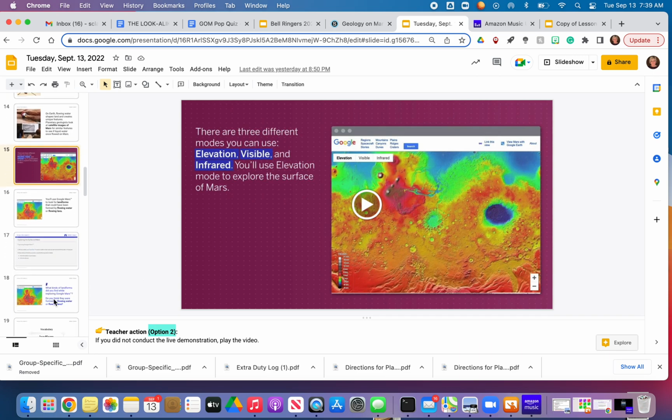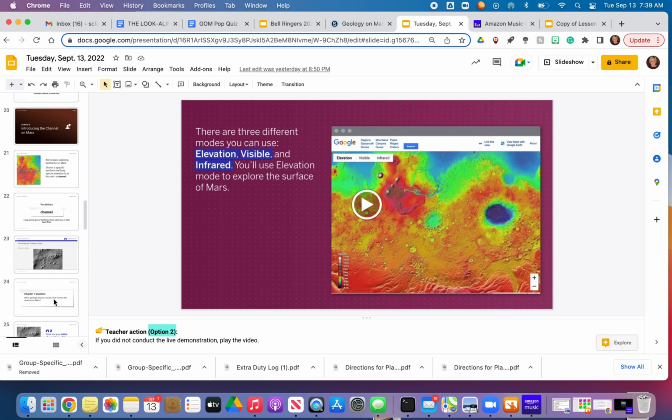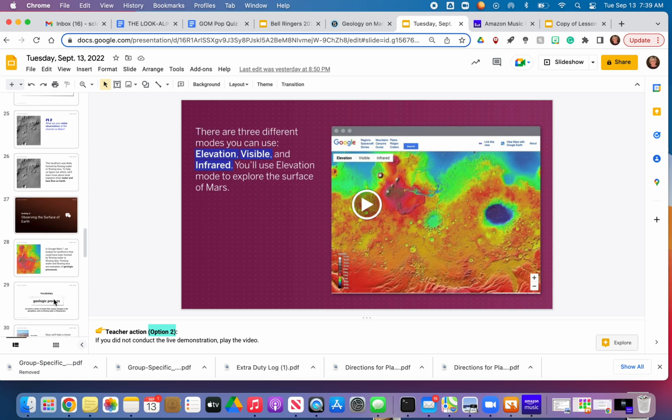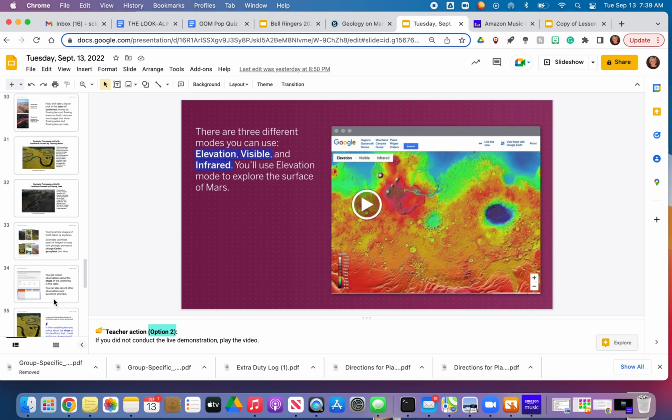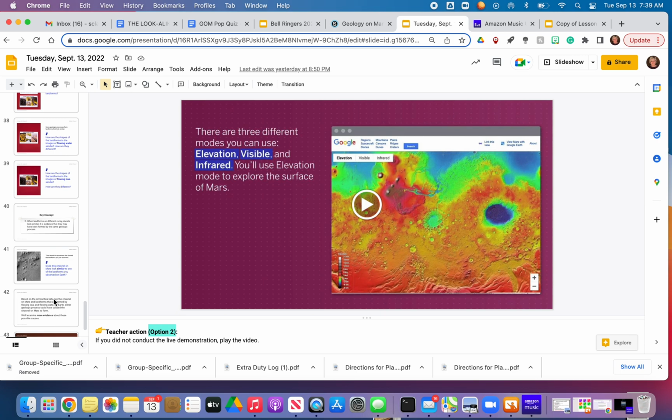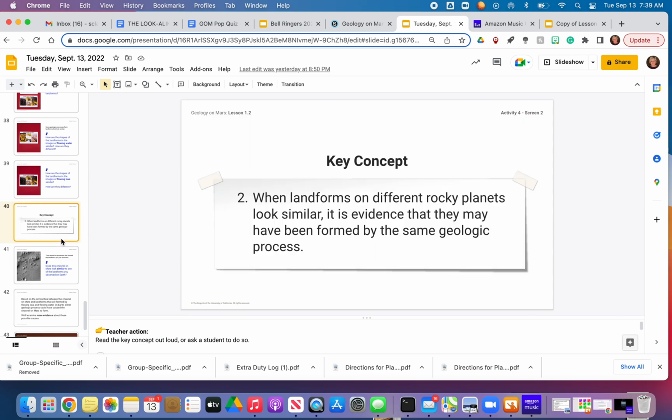The last thing I want to do is, we may get a little bit farther than that. And if we do, I want to make sure that you have key concept number 2. So you'll write that down in your graphic organizer. When landforms on different rocky planets look similar, it is evidence that they may have been formed by the same geologic process.